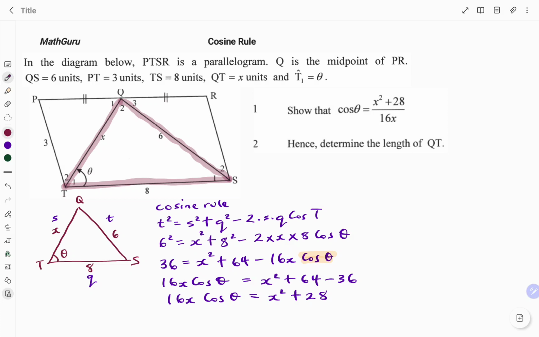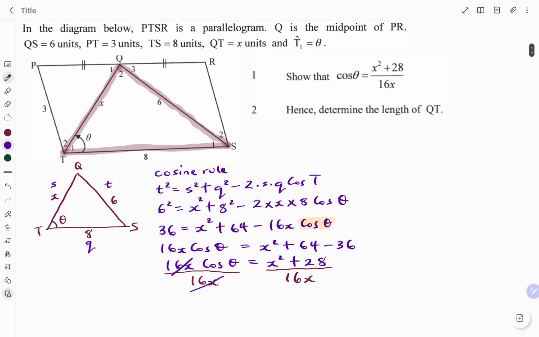Then dividing both sides by 16x in order to isolate my cos theta, I have 16x and 16x, that's 1. Therefore, cos theta equals x squared plus 28, divided by 16x as shown in my question.